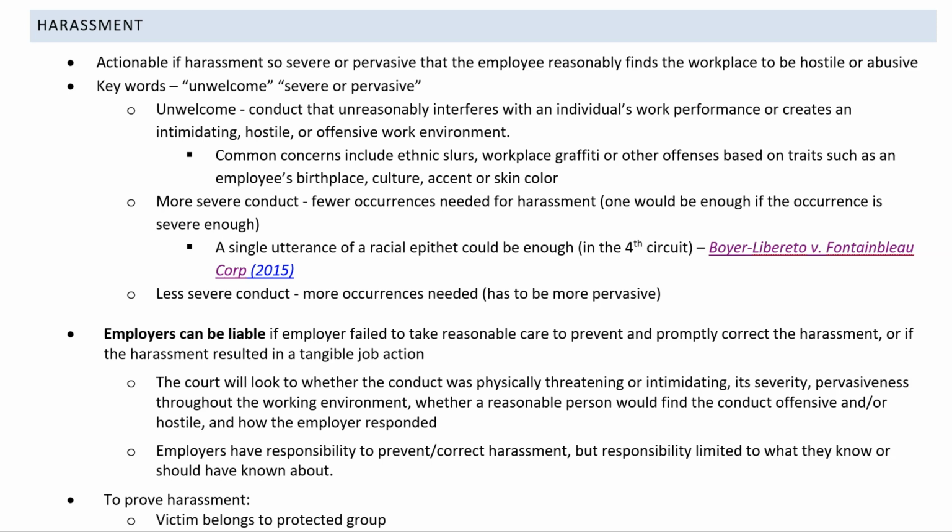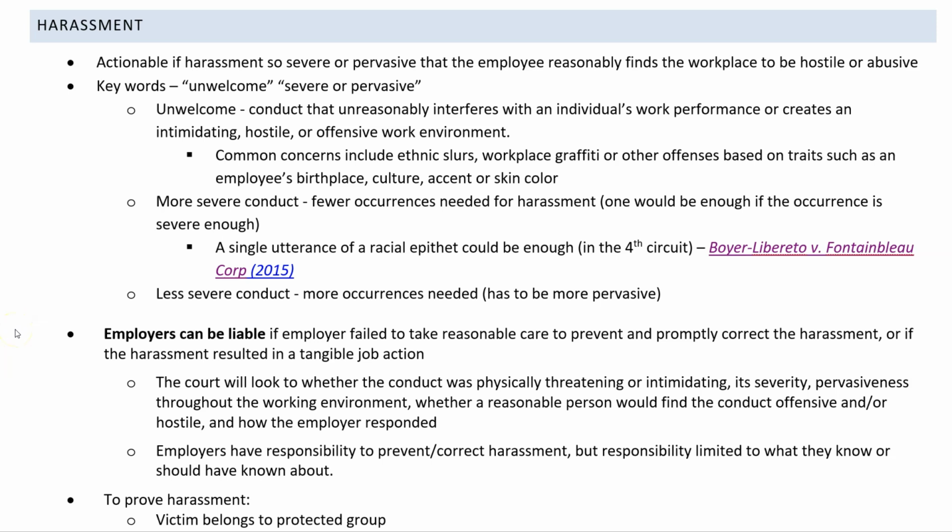There was a recent case, 2015, that's relatively recent as far as the law goes, that even a single utterance of a racial epithet could be enough to prove harassment, racial harassment, in the Fourth Federal Circuit, which includes North Carolina. And I gave you a link to that case if you want to go learn more about it.